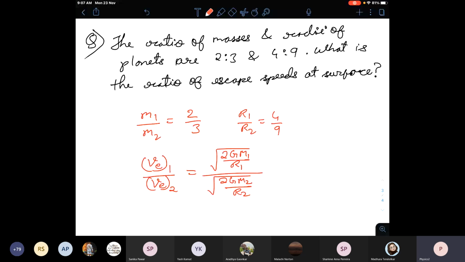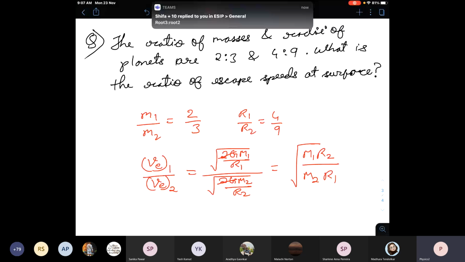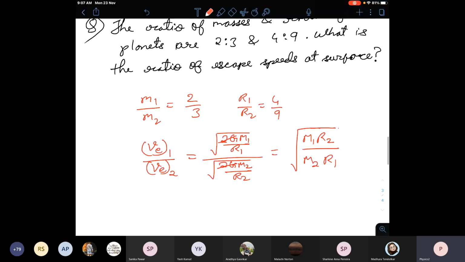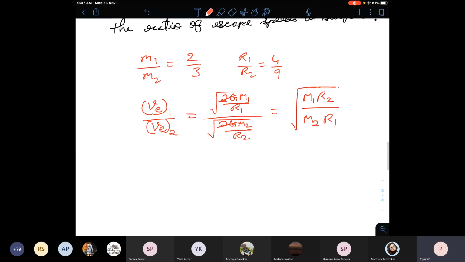Now I can simplify this ratio. You can see that 2G and 2G are common, they will cancel out. This will be under root of M1 R2 upon M2 R1. This will be the simplified form of the ratio of escape velocities. Now see, this is M1 by M2 and this is R2 by R1.